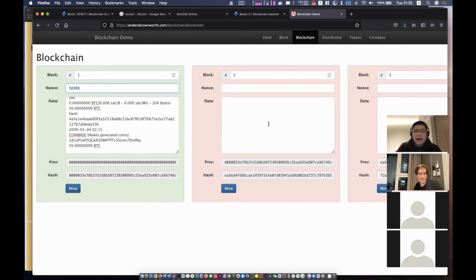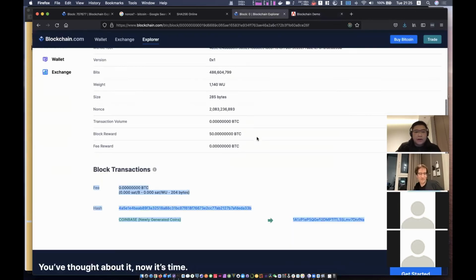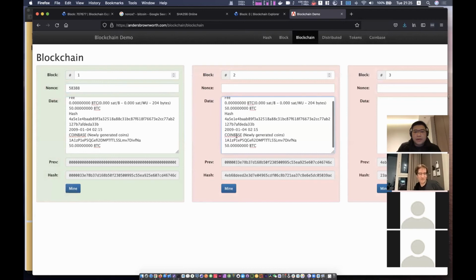Okay, and for the next one, let me copy it again. For example, we have a transaction, and after that we want to mine. Okay, we found the nonce, and you can see that it also includes the previous hash as well. Let me do the third one and click mining.